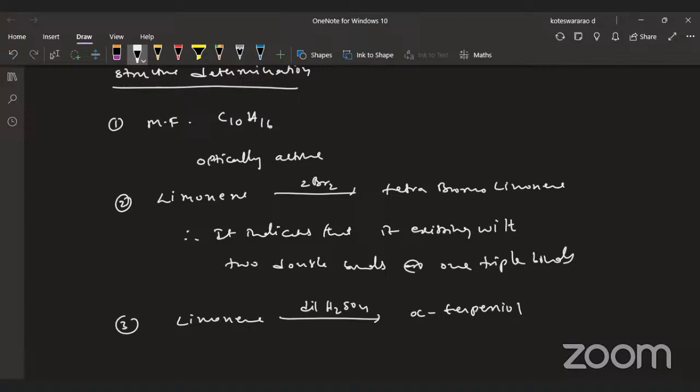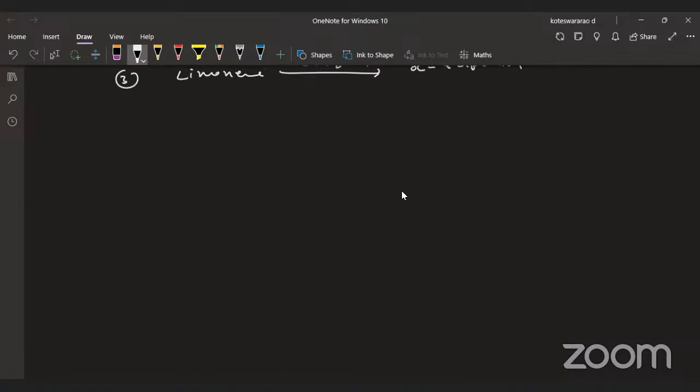The position of one double bond is the same in limonene and alpha terpineol. From this data, the limonene structure can be written as follows. Right. After this third one, we can write one sentence here.